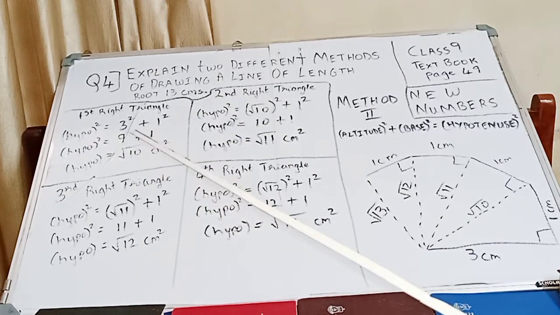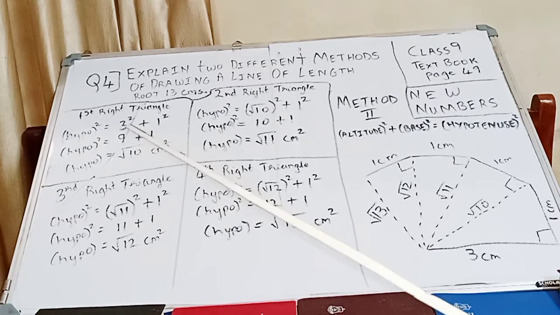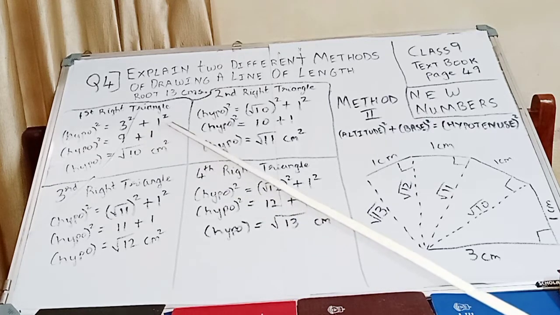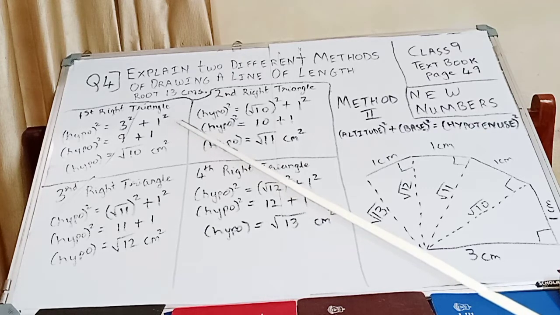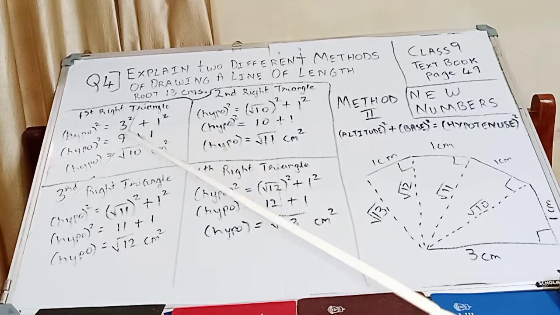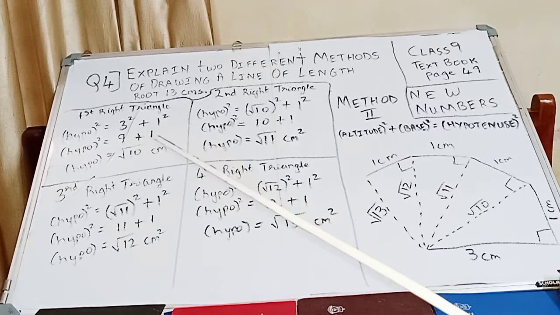We will be substituting here 3 square. This is 3 centimeter square, but for simplicity we are using 3 square plus 1 square, this is the height or the altitude square. So 3 square, 3 into 3 you will get 9, 1 into 1 you get 1.